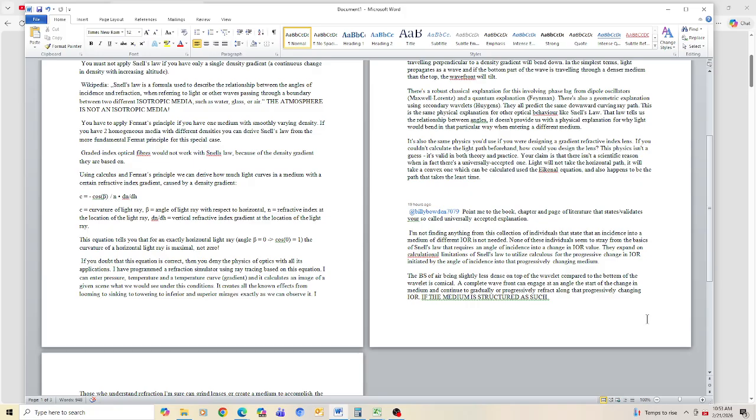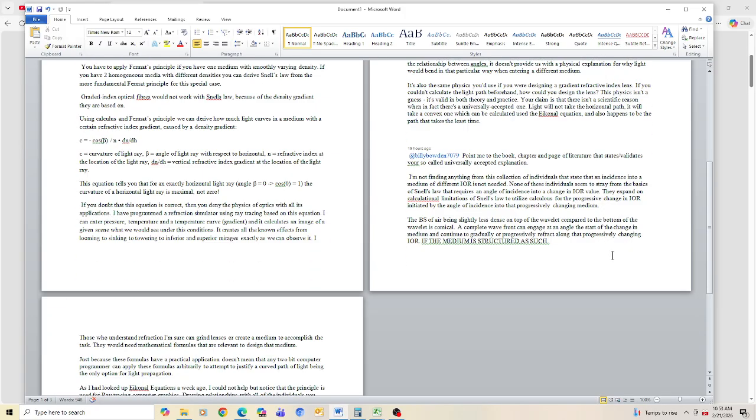Density change over a grade. Gradient. Rate of change. Direction of change. Overall distance of change in the medium. So yes, the BS of the light slightly traveling, I just covered that. People can read it here.